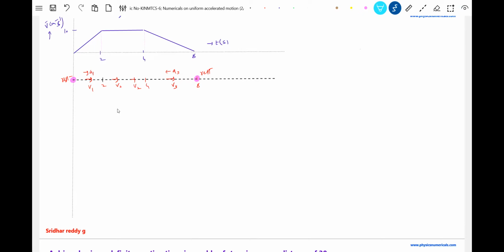So the motion: first it will accelerate, uniform velocity motion, very small, till here. Then it will undergo retardation afterwards. The motion, in fact, will occur like this. This is the acceleration, uniform speed or uniform velocity.